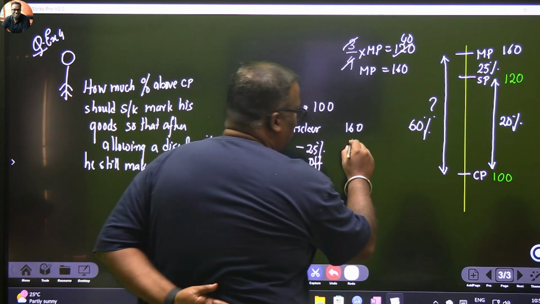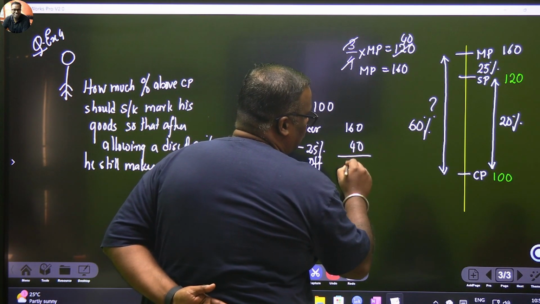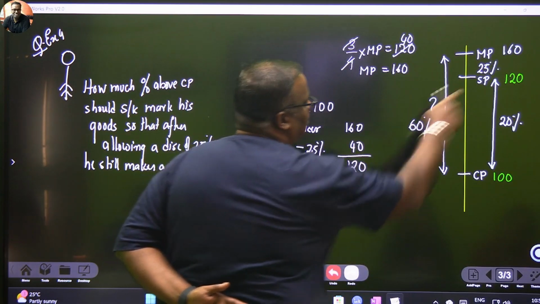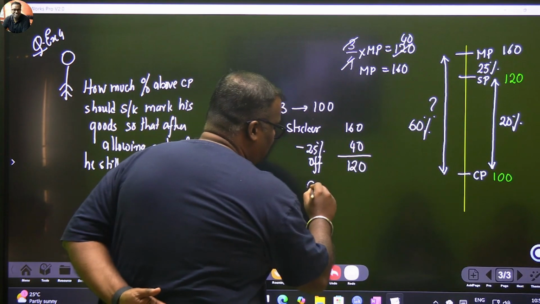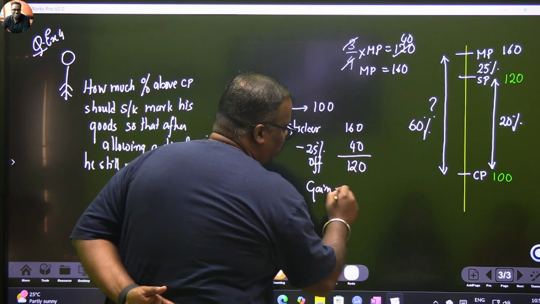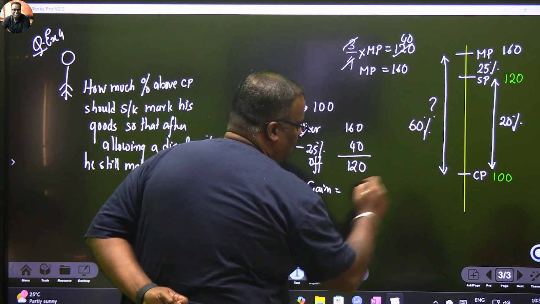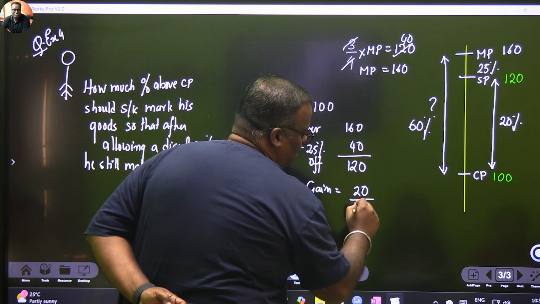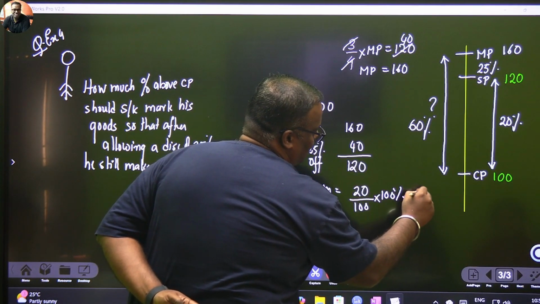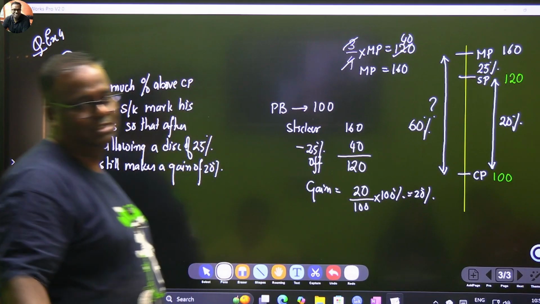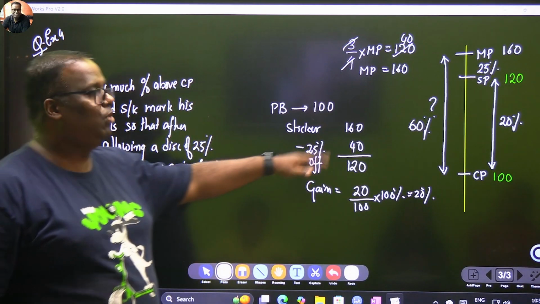So 40 rupees off for Abhigya. How much did I sell to Abhigya at? 120. How much was the gain I made after Abhigya left my shop? 120 minus 100, that is 20 over 100 into 100%. Don't you think I made 20% profit? Straight. Now this formula will work for anything.